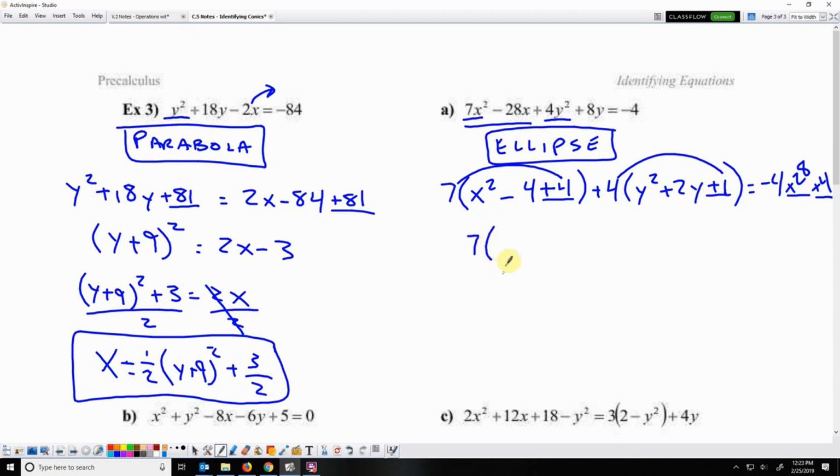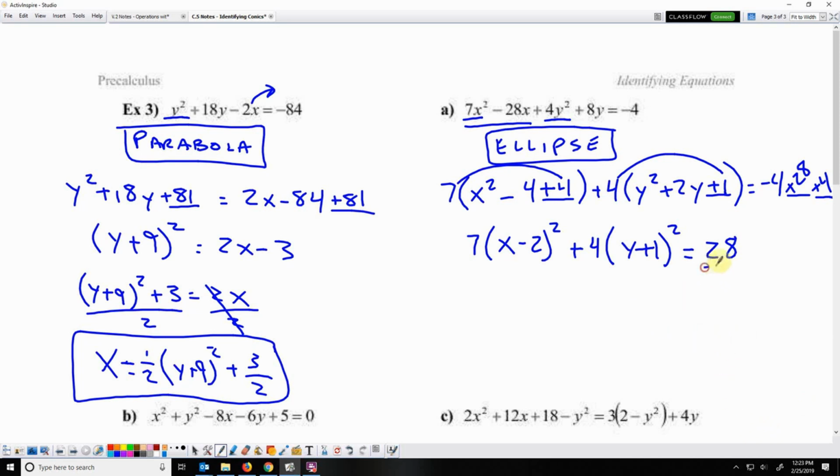So 7 times, now the factored form, x, and then half of b is negative 2, squared, plus 4 times, half of b here is 1, y plus 1 squared equals negative 4 and positive 4 cancel, so I'm left with 28.